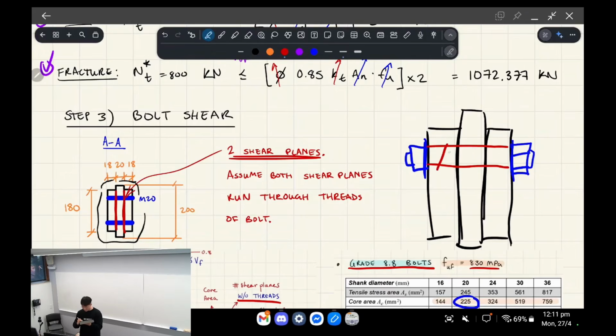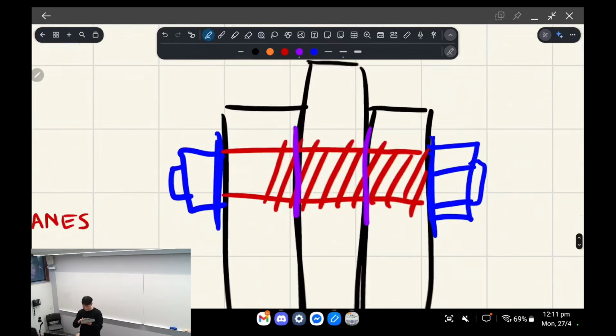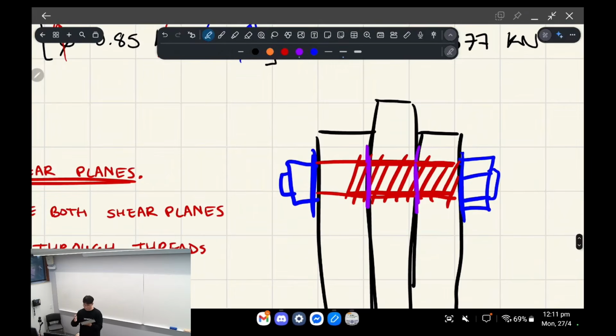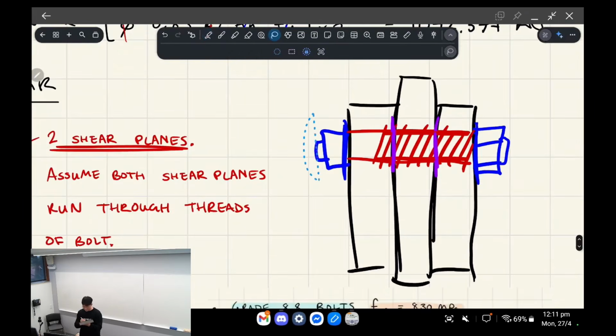Essentially, if your threads go like that, you have 2 shear planes where the core area, which is smaller, runs through where the shear planes are. So that's one potential scenario.